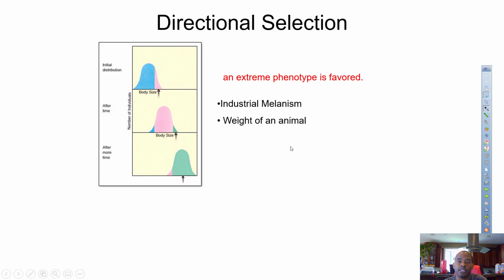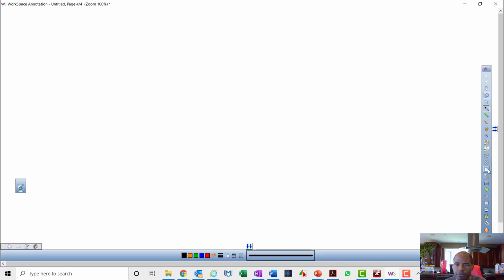So our selection pressures: directional. When you take a look at a population, it is typically representative of a spectrum. If I look at the height of individuals in our classroom, what I find is probably most of the boys are between 5'7", let's say, and 6 feet. That's the majority of the population.